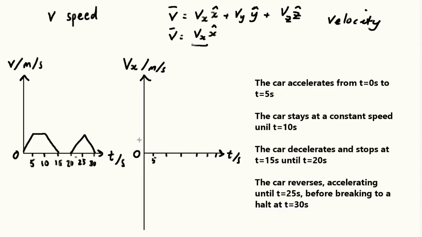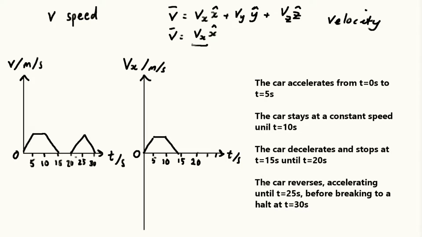Once again, our car accelerates until 5 seconds, before staying at a constant velocity until 10 seconds, and then decelerating until 15 seconds. And let's mark the times on there. The car then stays stationary until 20 seconds, and this is the point we begin at again.